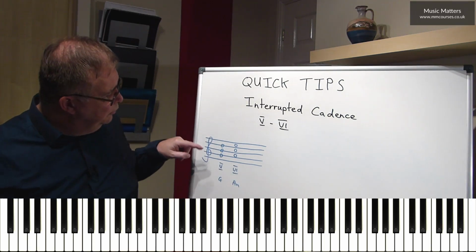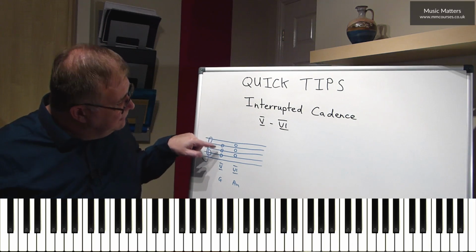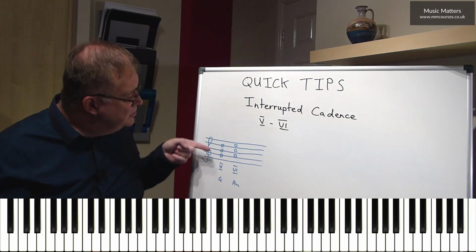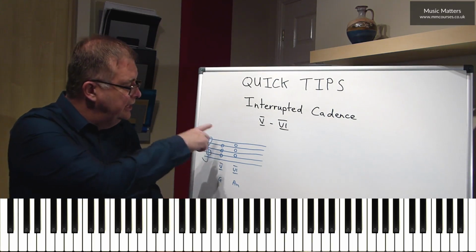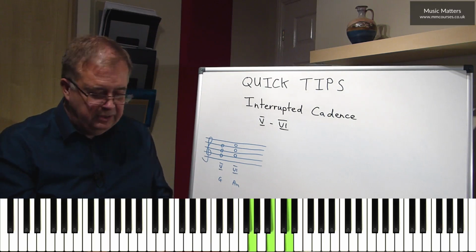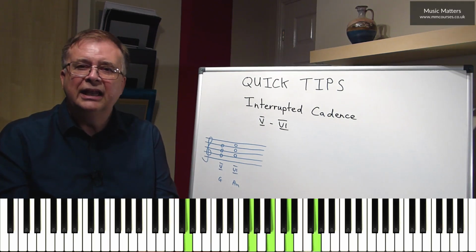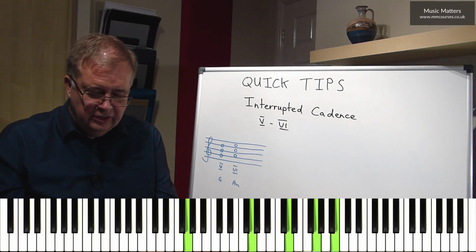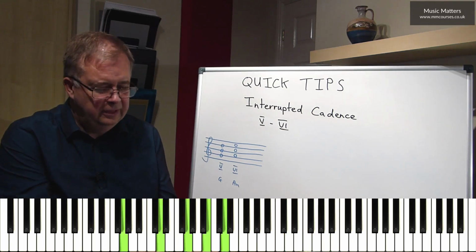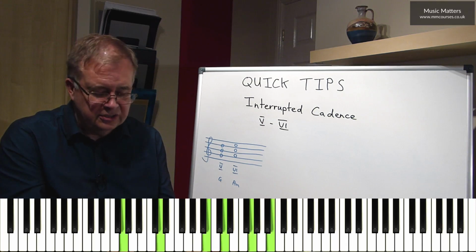And as I've said before with cadence films, you don't have to use these triads just in bold form as they are. You use the notes to make a chord. So a G, B, D chord, a chord 5, a G chord. I can do G, B, D, but I can spread it out in some other way. So I've got those notes being used, but I'm listening to lots of different formations of the same chord.